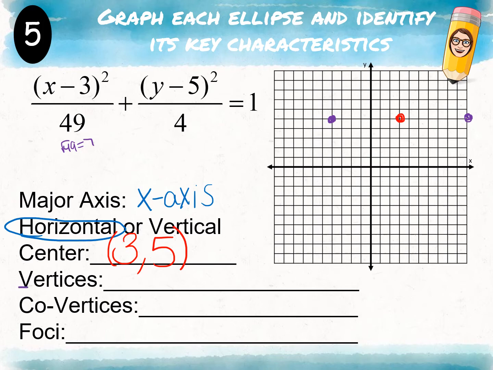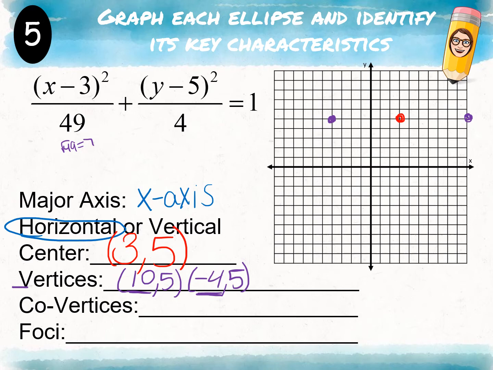Those are my vertices. See how it's easier to graph them and then write them? So my vertices exist at (10, 5) and (-4, 5). Those of you that can do those calculations super easily might just say, what's 3 plus 7? What's 3 minus 7? That's how we get the x values. I'm visual, so that's why I encourage graphing.